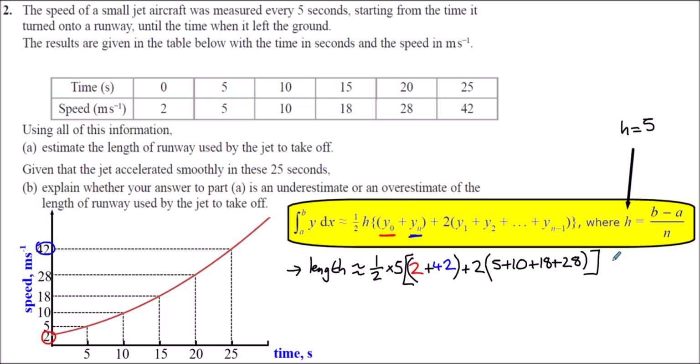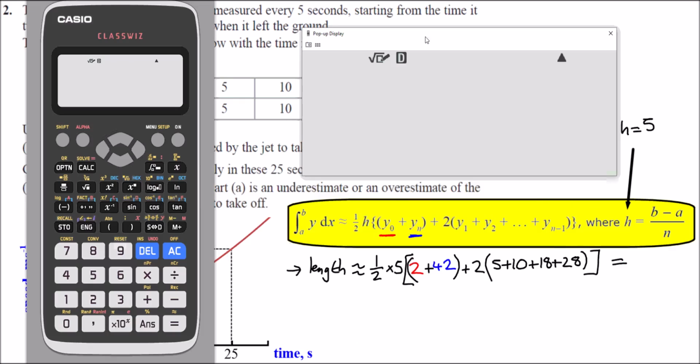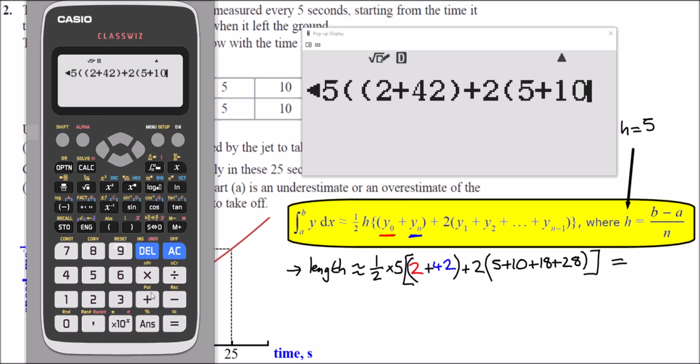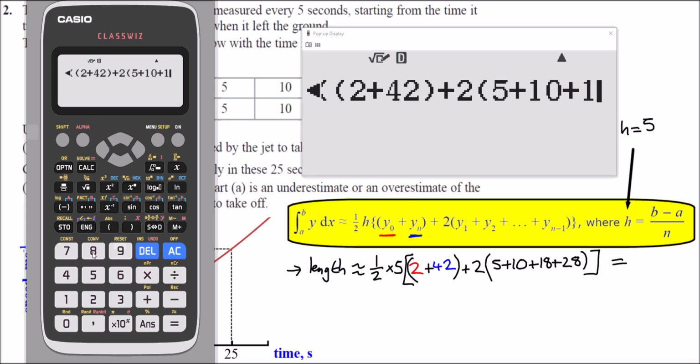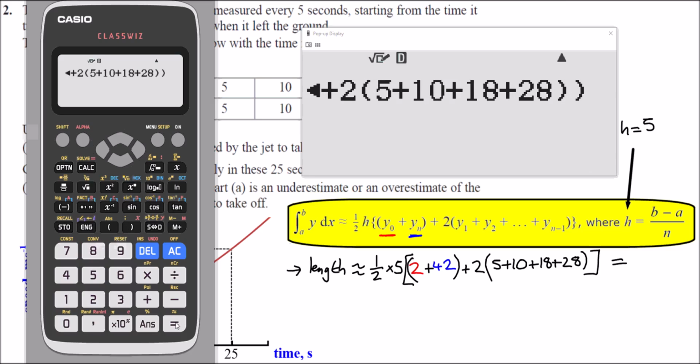So if we just carefully do this on our calculators, we're going to get 1/2 times 5, open brackets, 2 add 42, then plus 2 lots of 5 add 10, add 18, add 28, close brackets, close final big brackets.